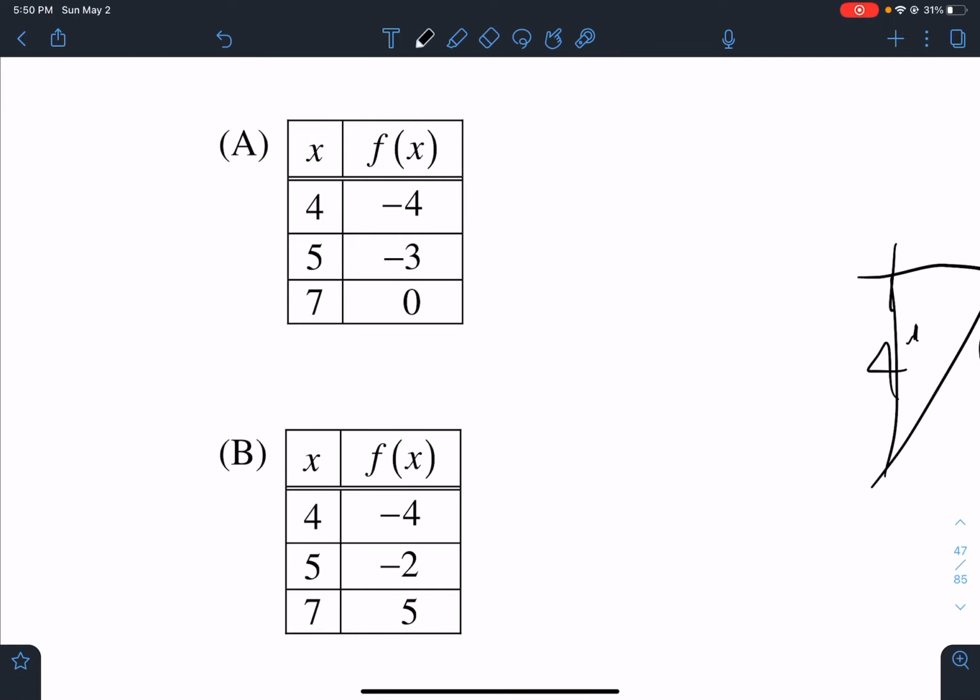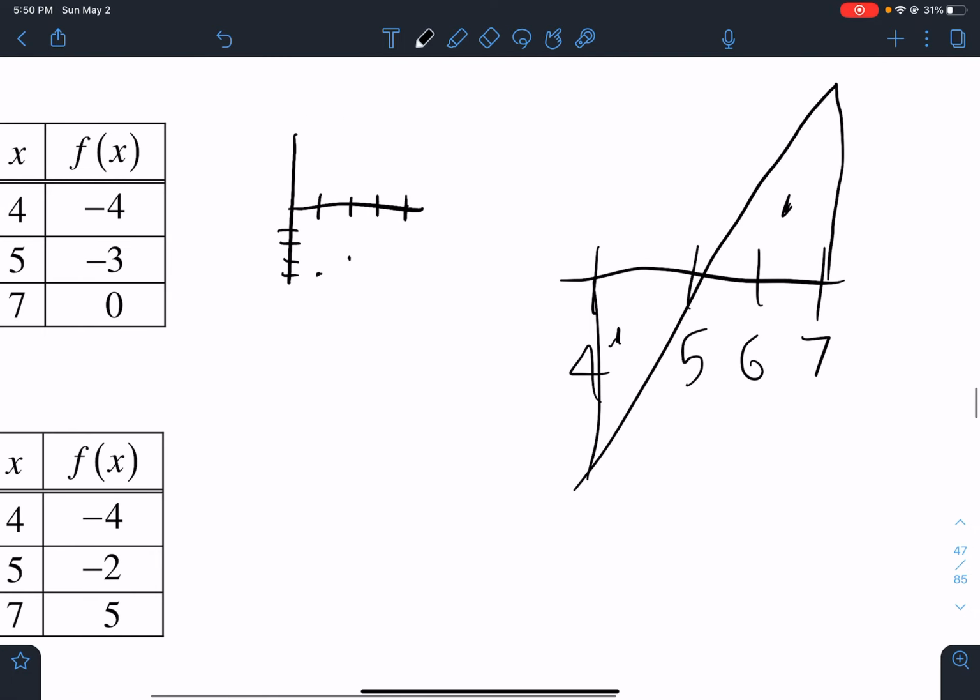So let's try and graph out these functions and see what they look like. For A, the values are 4, 3, 0. The problem with this one is that it doesn't ever go above 0 on the interval from 4 to 7. And so for the integral to be 0, it has to have some positive area and some negative area.